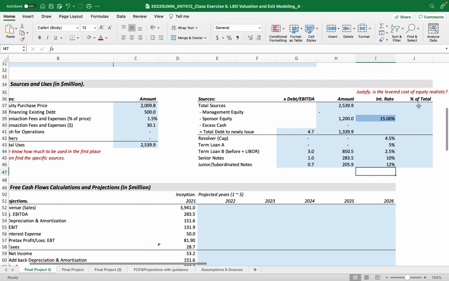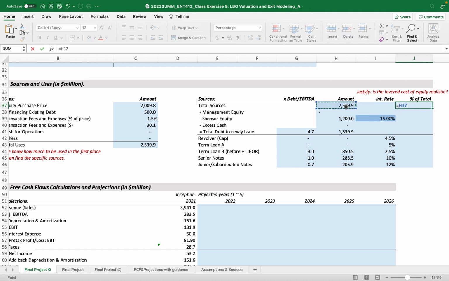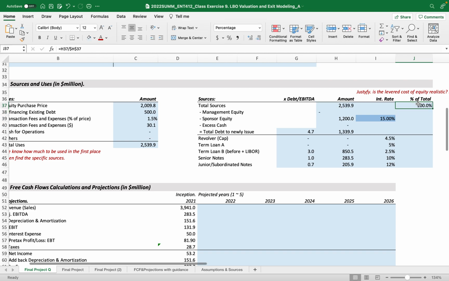And then let's calculate the percentage of the total. The percentage of the total is just this divided by the total source. And then let's drag it down. We have this. So we have finally got the total capital structure. The sponsor equity is only 47%, and the total debt newly issued is 52.8%.